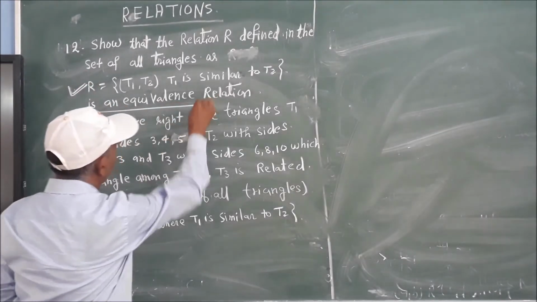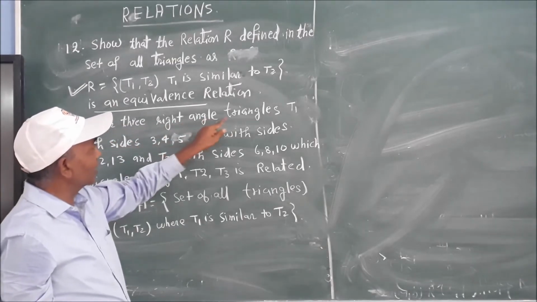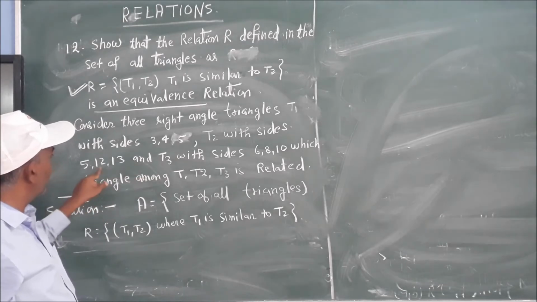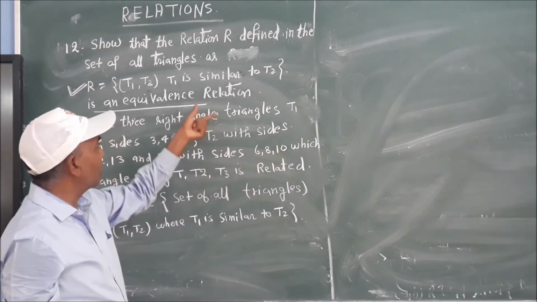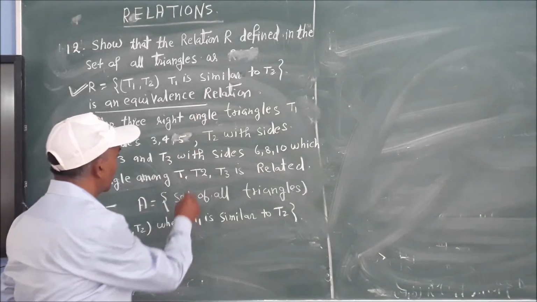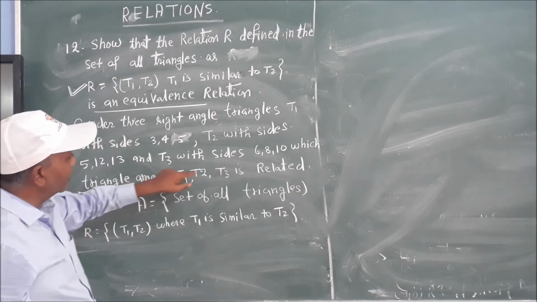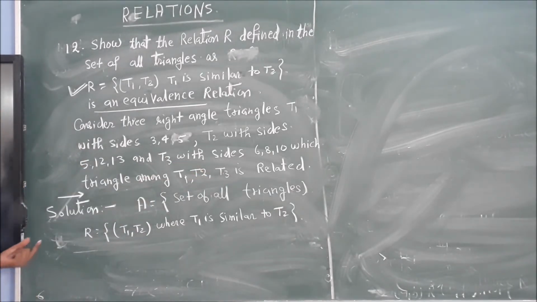Second part is, consider three right angle triangles: T1 with sides 3, 4, 5, T2 with sides 5, 12, 13 and T3 with sides 6, 8, 10. We have to show which of T1, T2, T3 are related to each other. So we see the solution.